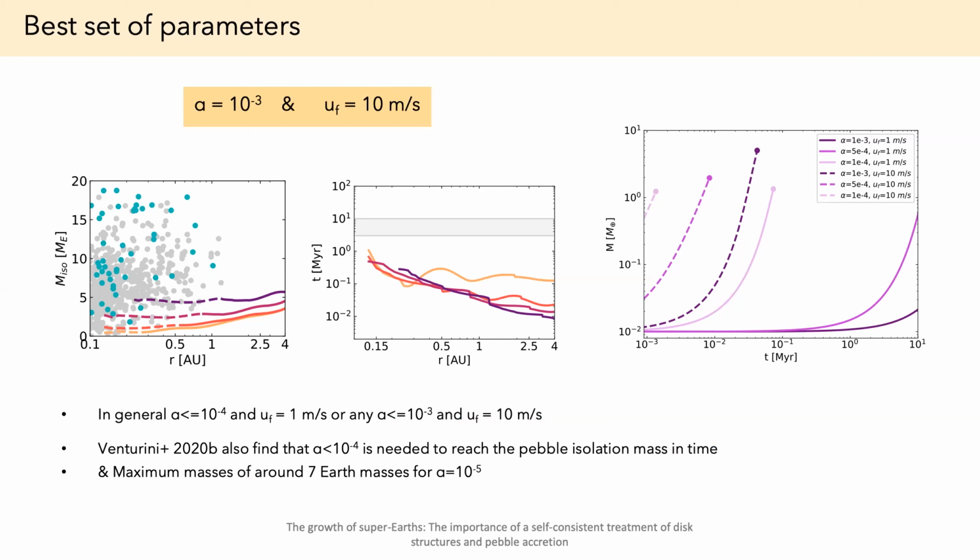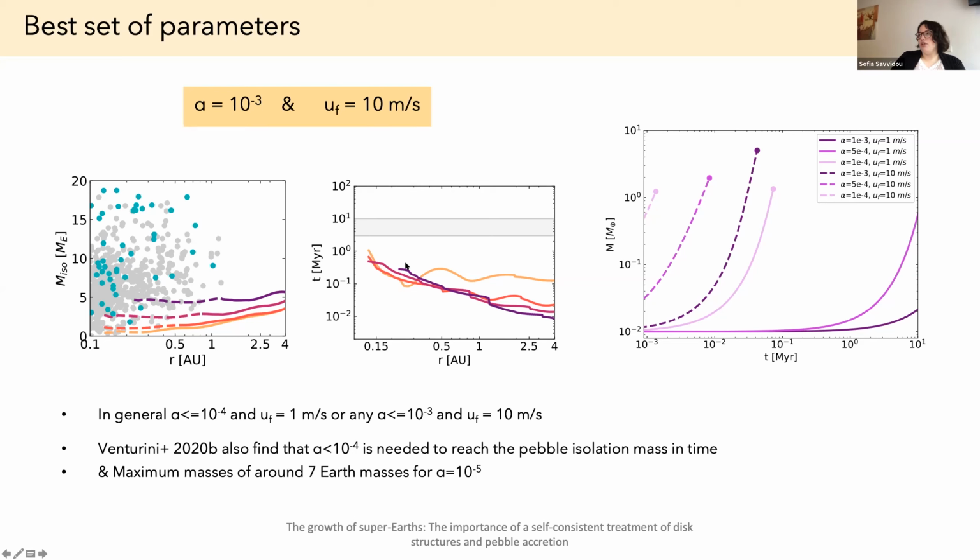Yes, thank you. So we would conclude that, based on the models that we have run, the best set of parameters would be an alpha of 10 to the minus 3 and a fragmentation velocity of 10 meters per second, so the higher velocities.